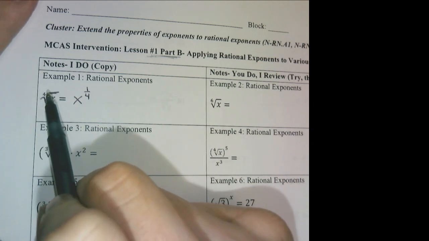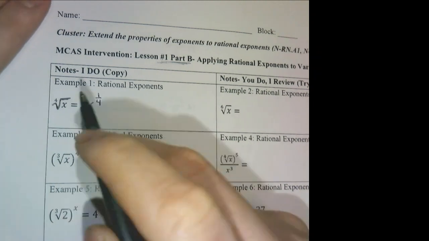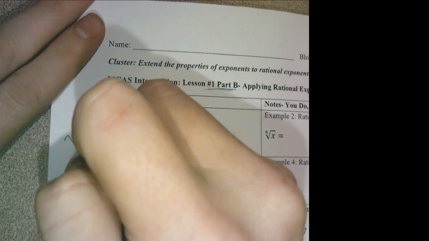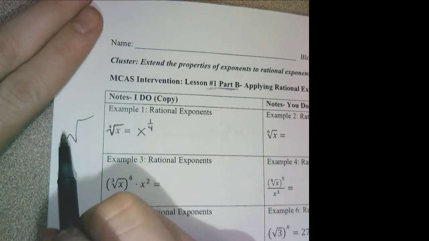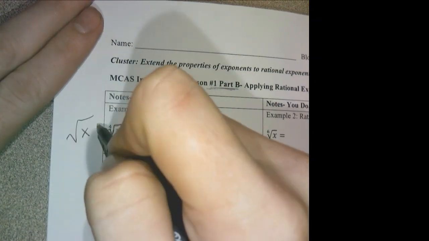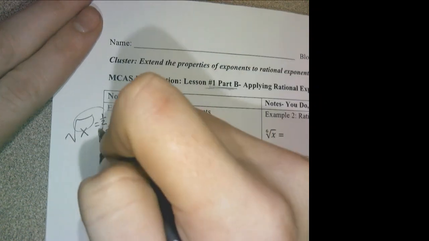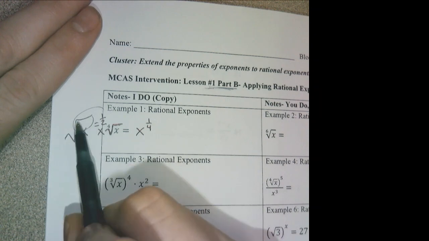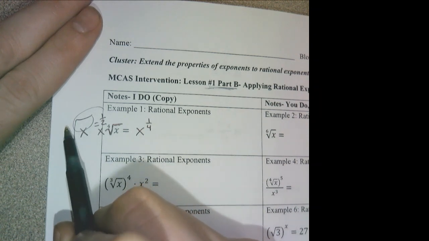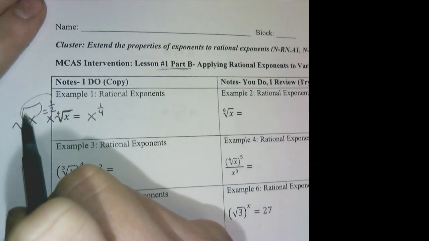So whatever the root is, write it as a fraction. As a reminder, if there's nothing there, we assume it's the square root, which is 1/2, so it would be x to the 1/2. If a number isn't specified, we assume it's the square root. So, 2.